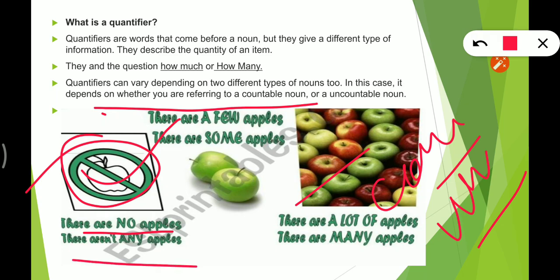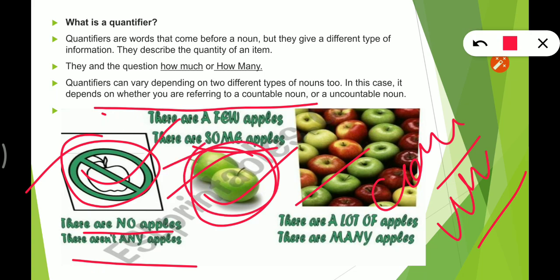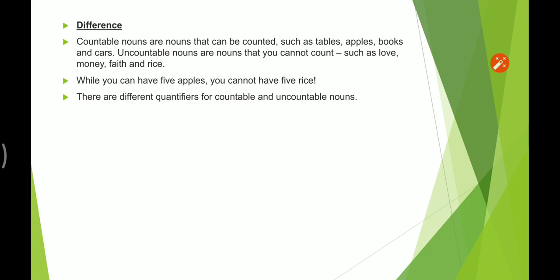Clear? Then in this picture you can say there are few apples or a few apples, right? There are some apples. It can be the answer for this situation. And for this, a lot of apples are there or there are so many apples, right?